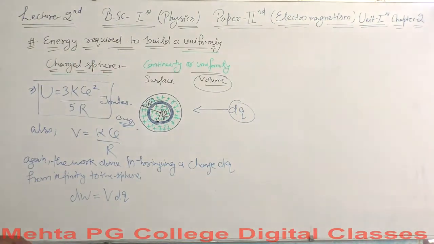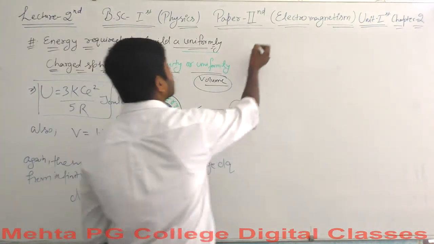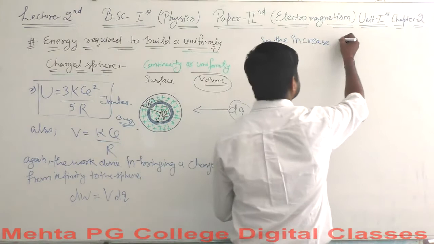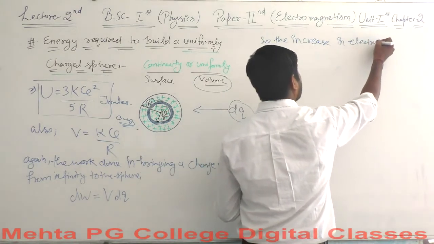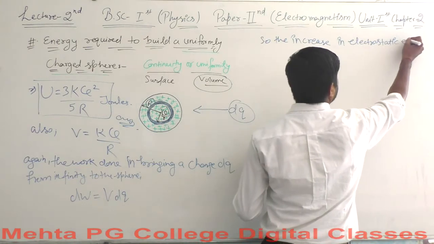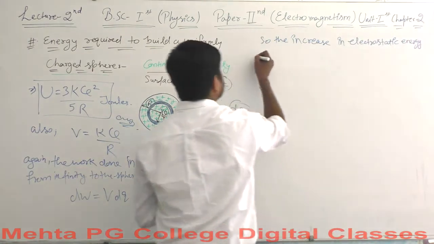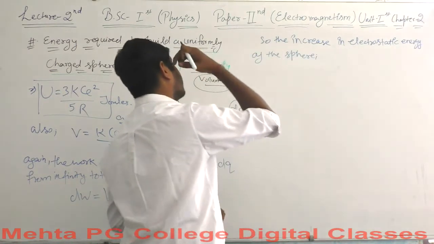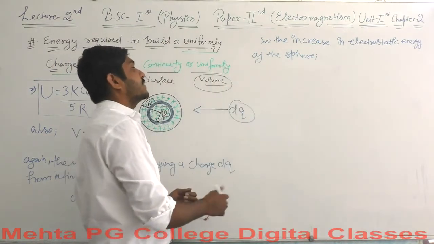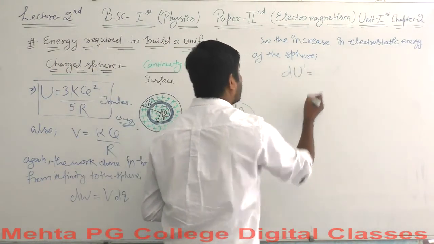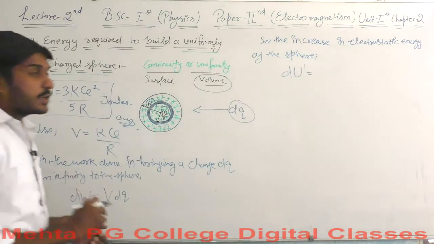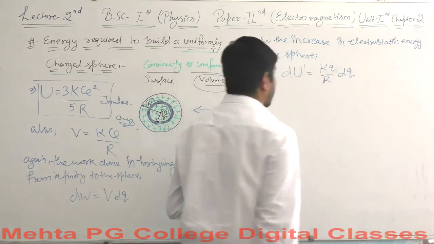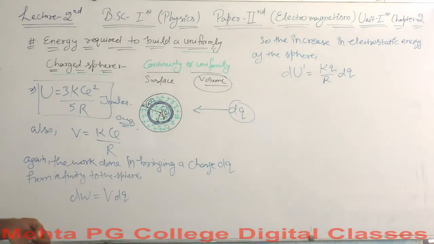So the increase in electrostatic energy of the sphere, dU dash, is the change, and it is written as KQ over R into dQ when another charge is brought into action.